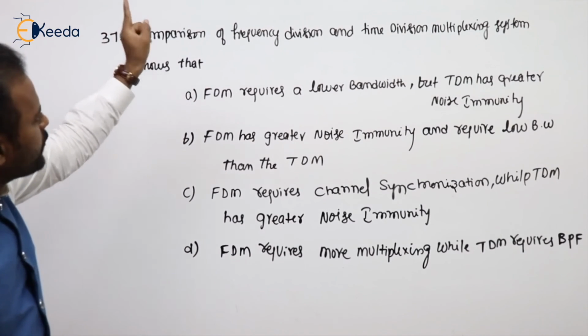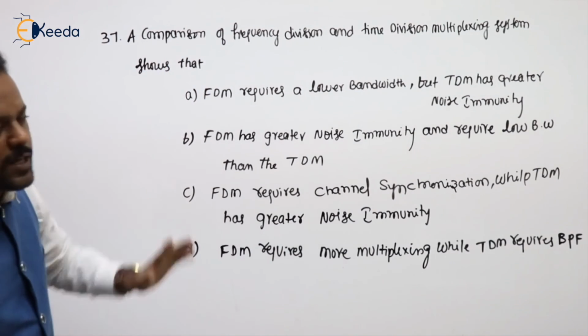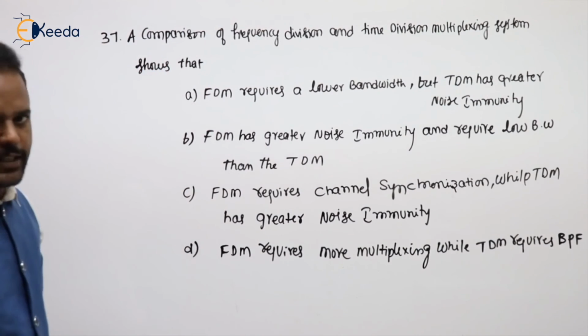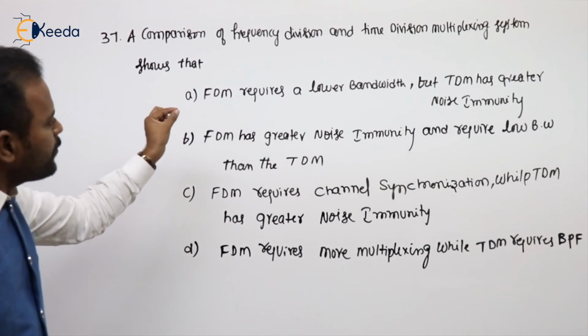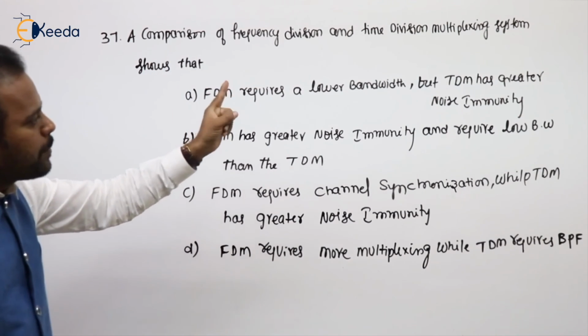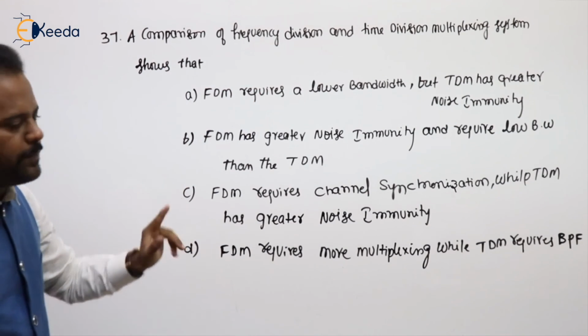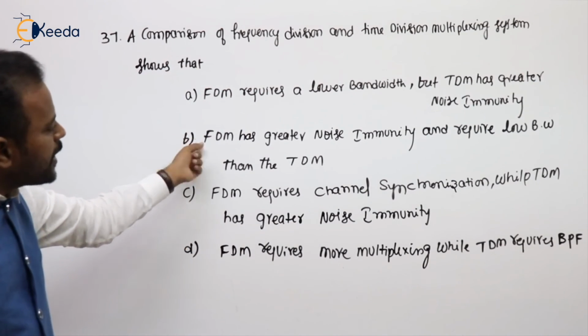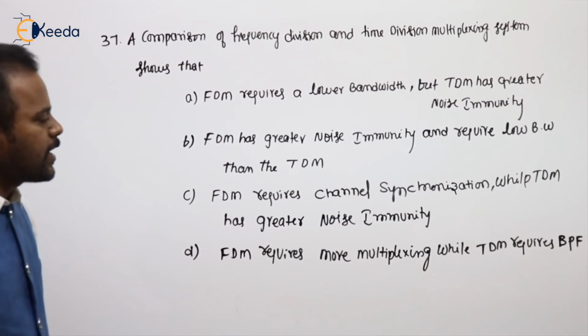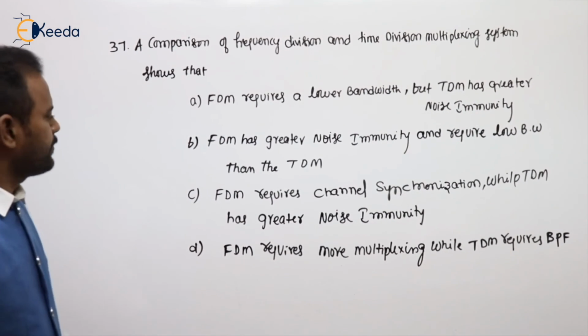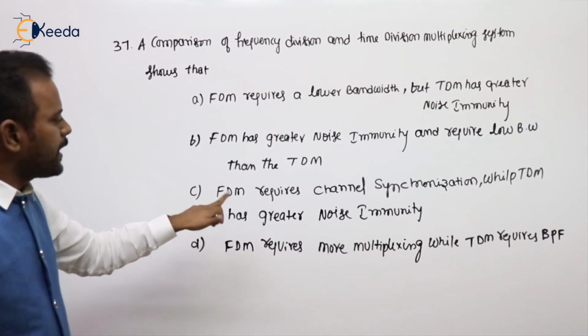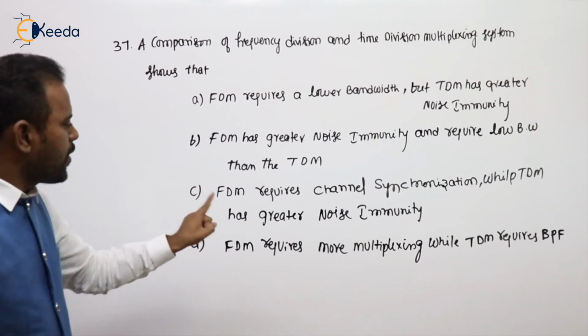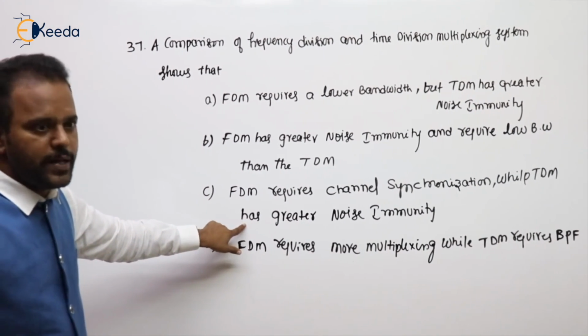See the next problem. A comparison of frequency division and time division multiplexing systems shows that: Option A, FDM requires lower bandwidth, but TDM has greater noise immunity. Option B, FDM has greater noise immunity and requires lower bandwidth than TDM. Option C, FDM requires channel synchronization while TDM has greater noise immunity.